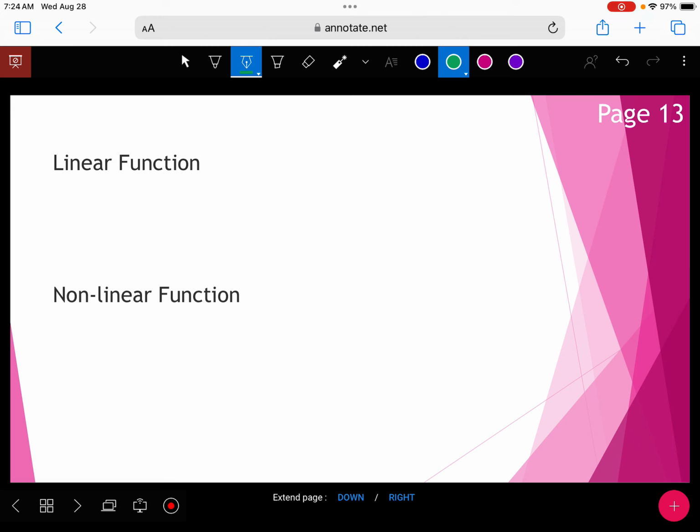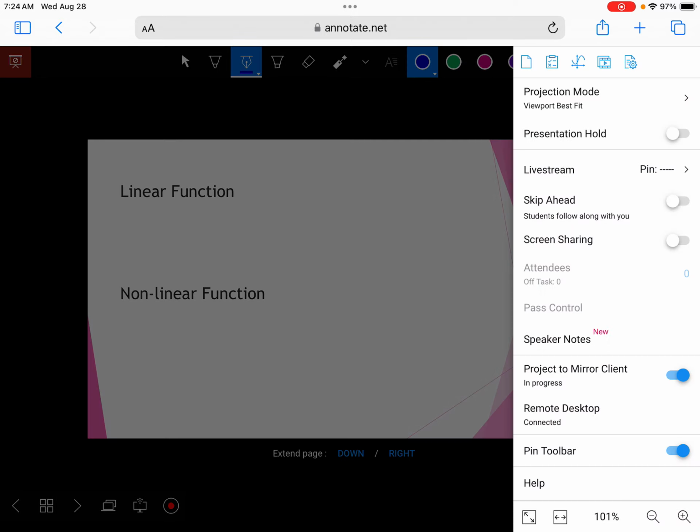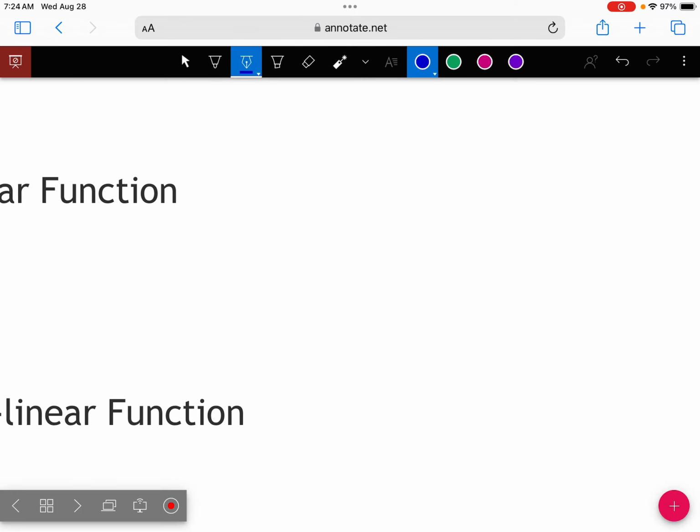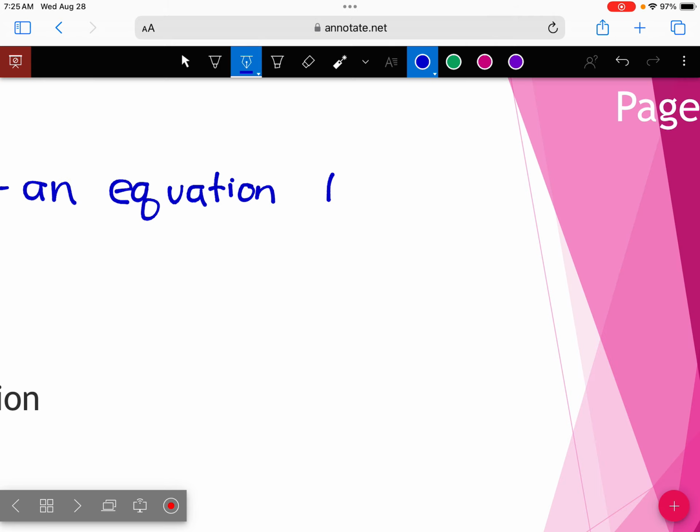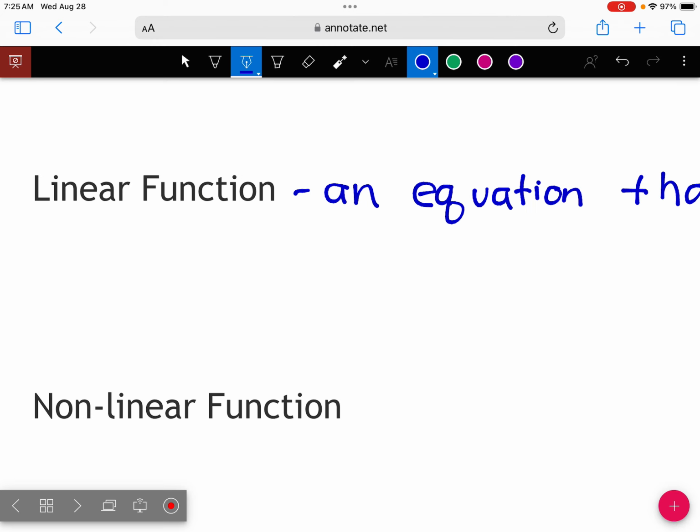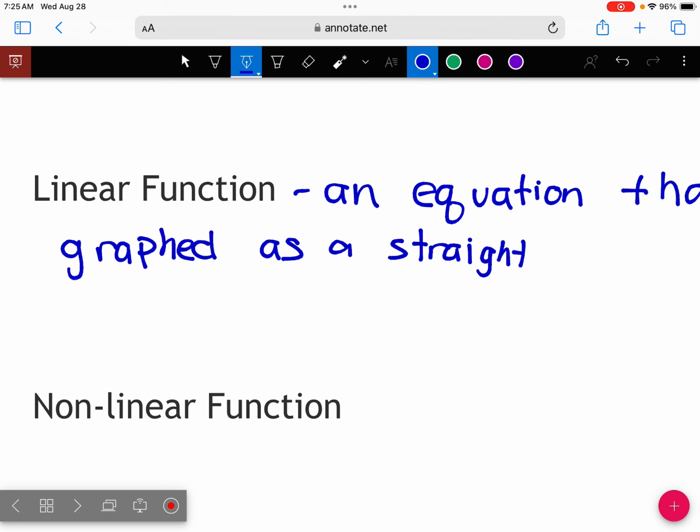A linear function, the way we're going to define it, is an equation that is graphed as a straight line. So that's our definition for it.